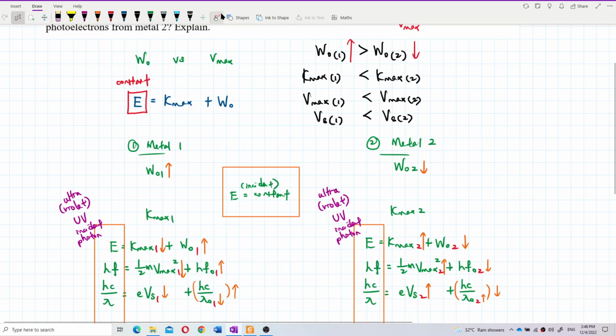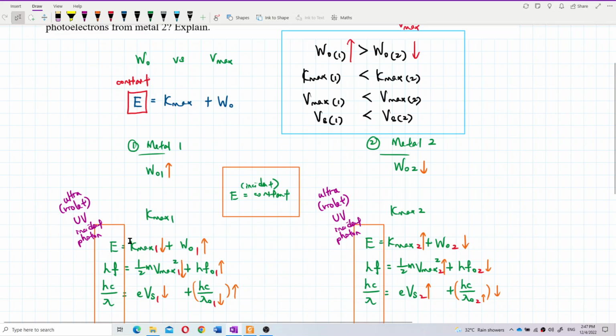Just make a bracket there so that you can see it clearly. So method 1 has a higher binding energy. So the photoelectron ejected has less kinetic energy.